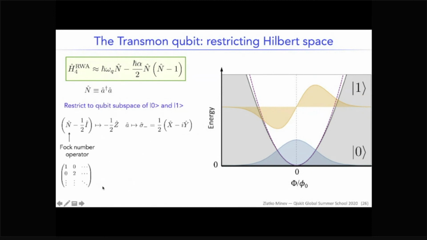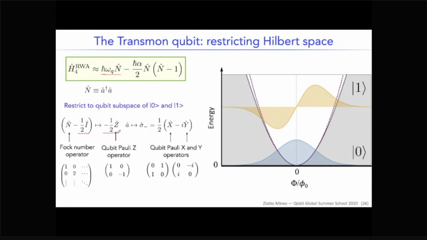And that's what allows us to identify that the first part of the Hamiltonian here, the photon number operator, minus some arbitrary overall shift, restricts exactly to the qubit Pauli sigma z operator.